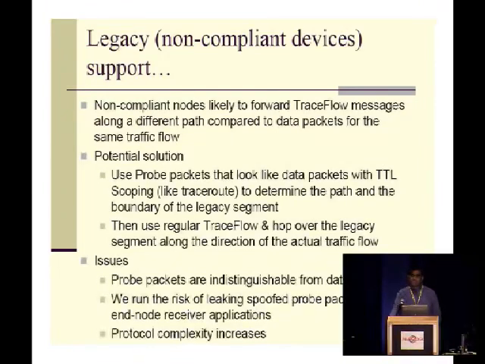The problem is that that particular device would forward that packet further using the destination IP address on it, and it may not actually go in the direction that the data packet that it is trying to probe would have taken. So not only does the legacy device not include the information I'm requesting, but it actually sends it out in the direction that is not the direction through which the data would have gone.